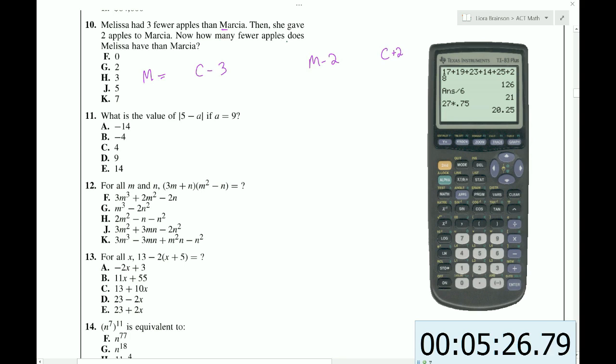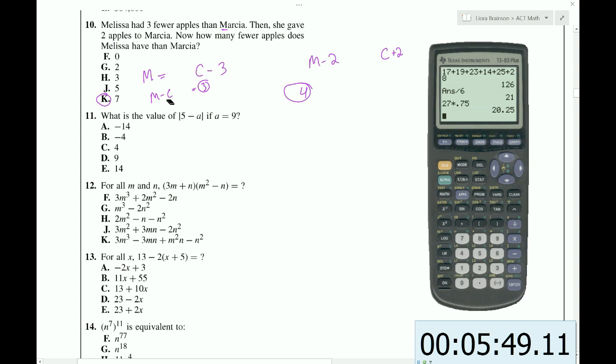Now how many fewer apples does Melissa have than Marcia? So originally the difference was equal to 3, but you added 2 to one hand, subtracted 2 from the other, so that's a net difference of 4 that's tacked on to that net difference that was currently at 3. So now the net difference is 7.